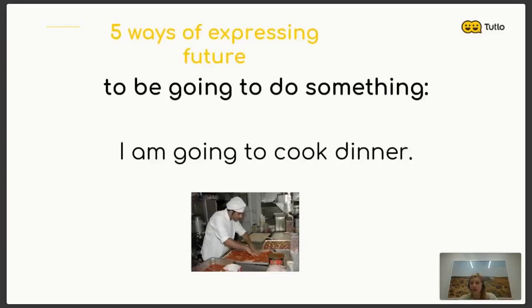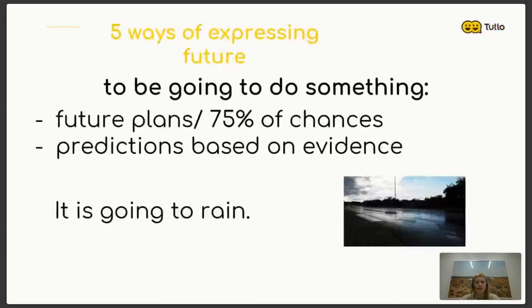Some nearest plans Michał wrote, when we are planning to do something in near future. Okay, more or less. Good, but not necessarily, and this is not the end. So we talk about plans, future plans, and this is plus minus around 75% of chances.